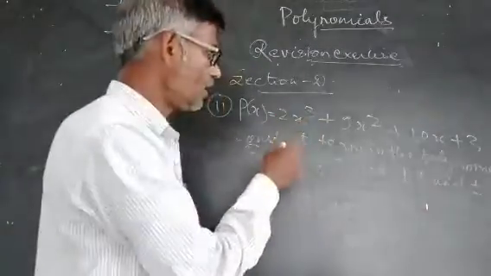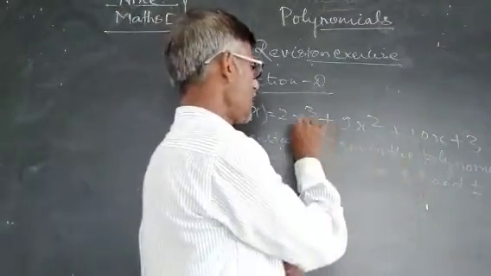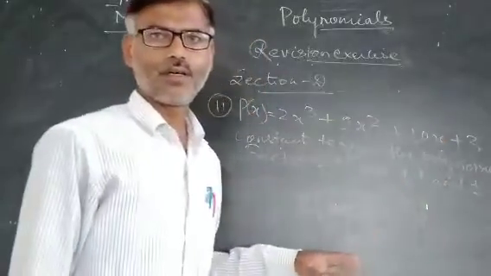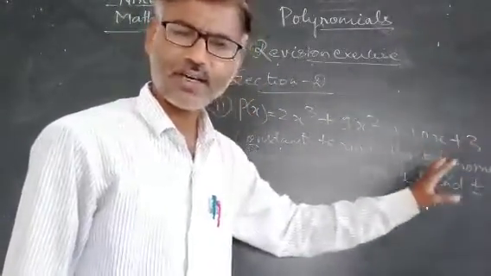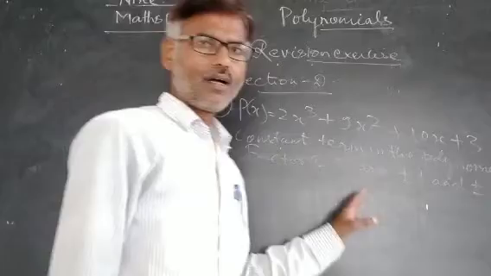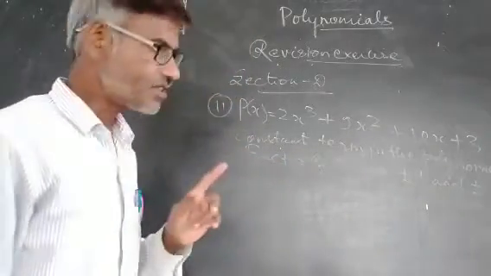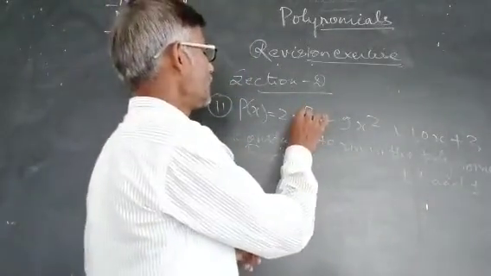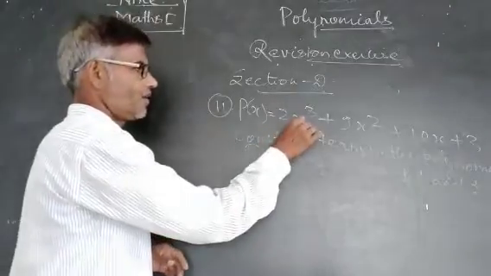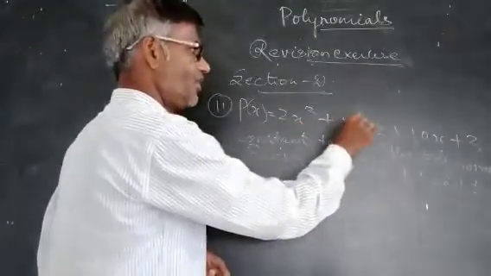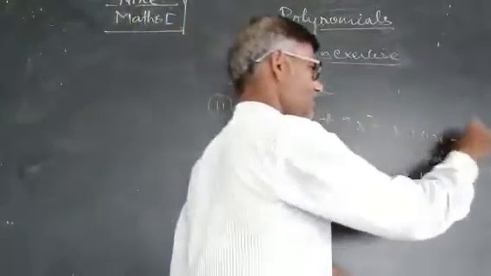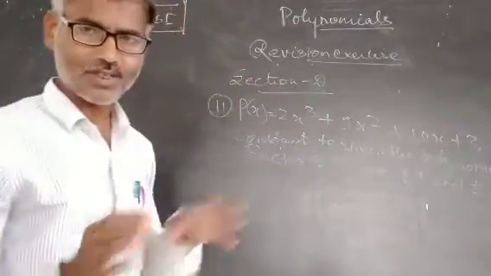Okay, putting 1, as 1 is positive and all the terms are positive, we will not get 0. Okay. Next, if we take minus 1, then the first term will be minus 2 plus 9 minus 10 plus 3. It will give us 0.